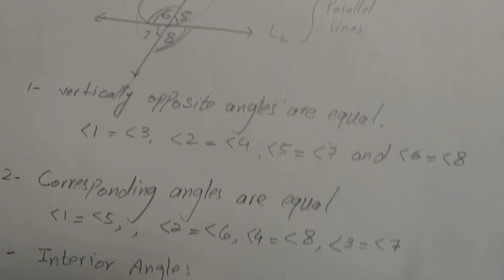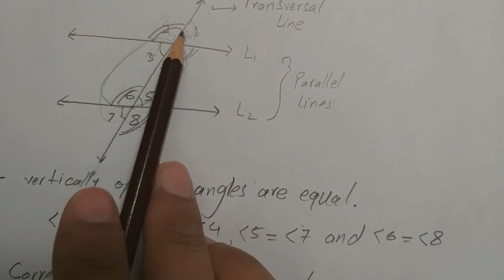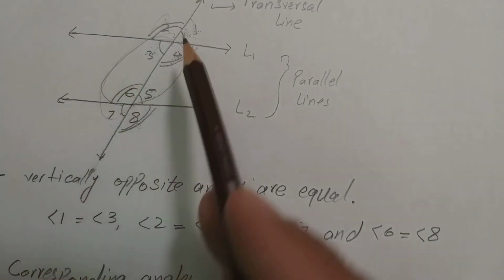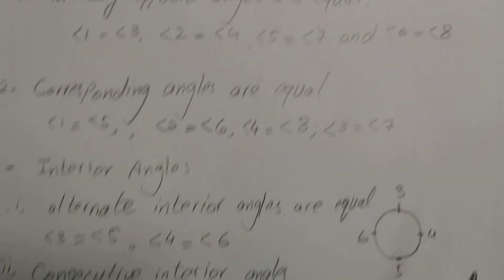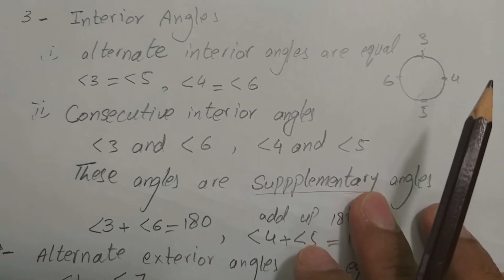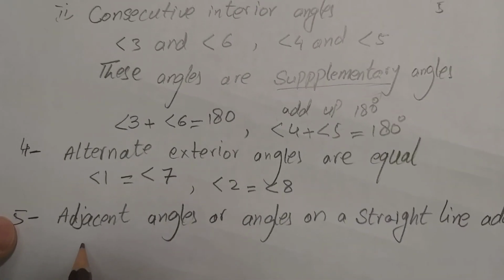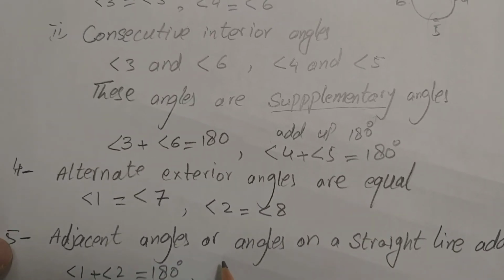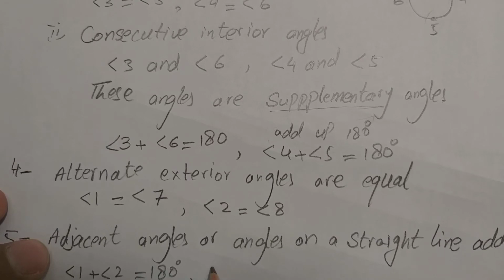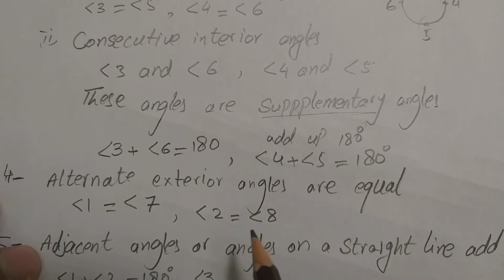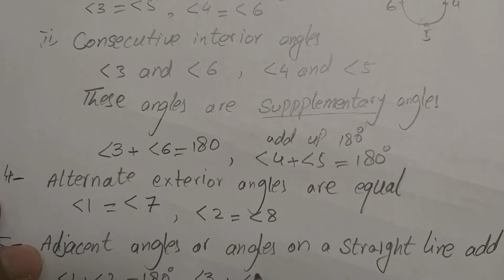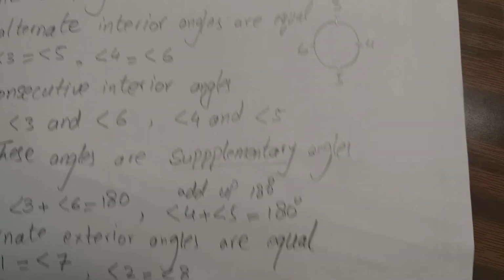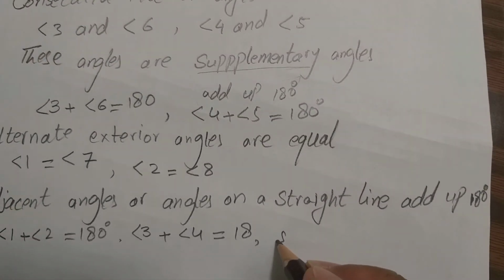Like 1 adjacent 2, 4 adjacent 3, or 1 adjacent 4. So they add up to 180. Angle 1 plus angle 2 equals 180. Angle 3 plus angle 4 equals 180, and so on.